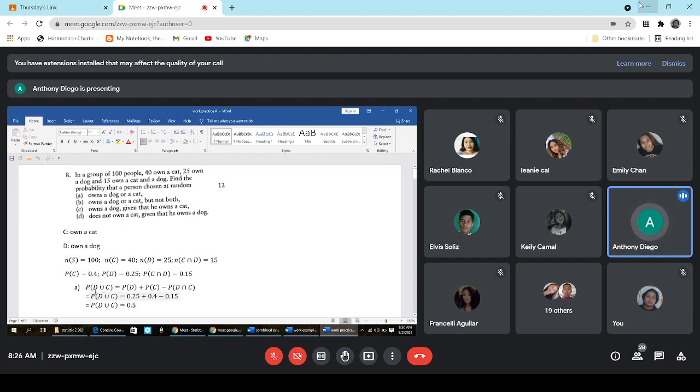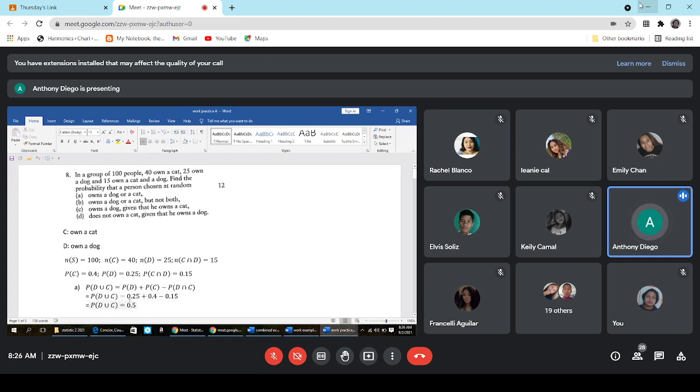The probability of owning a dog or a cat is equal to the probability of those that own a dog, plus the probability of those that own a cat, minus the probability of those that own both a dog and a cat. So you just substitute there.